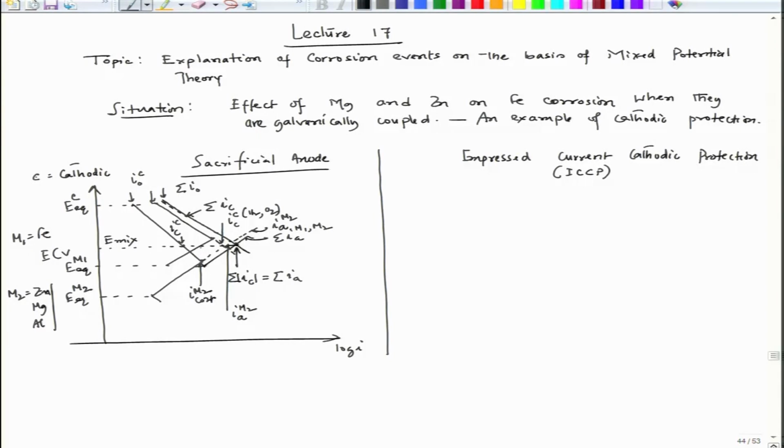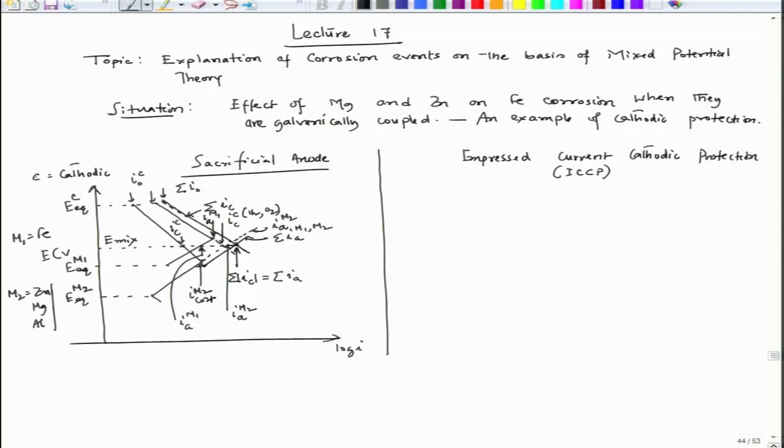So, this point is nothing but IA of M1, and had it been separately placed, the corrosion rate of M1 would have been IA of M1. So, I could write it like this, this is M1 when it was separately placed in that electrolyte.